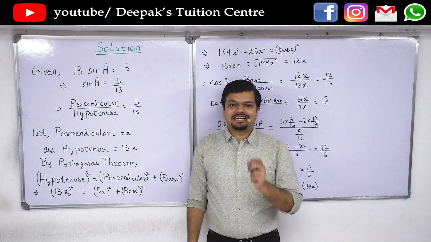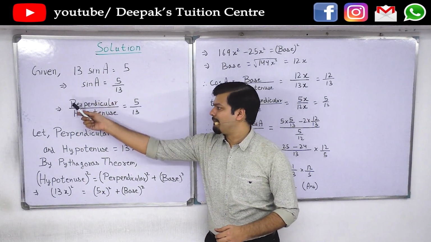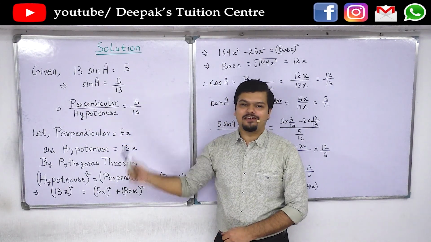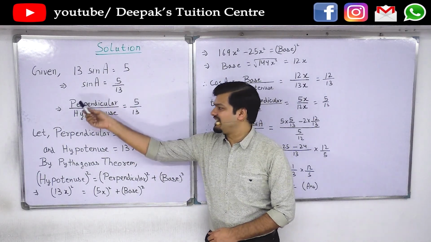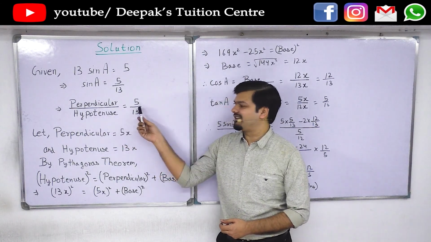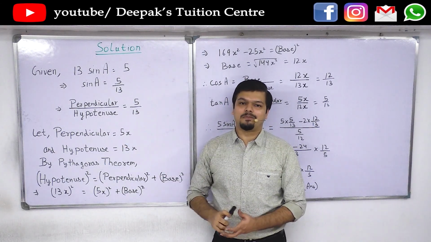We already know that sin A is perpendicular by hypotenuse. So perpendicular by hypotenuse is 5/13. Since this is a proportion, the numerator will be proportional to the numerator and the denominator to the denominator, just multiplied by a common factor.